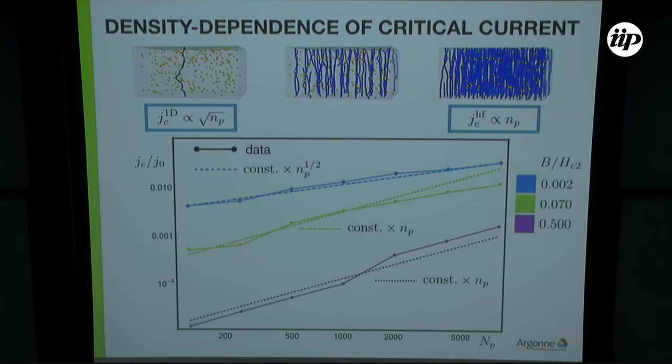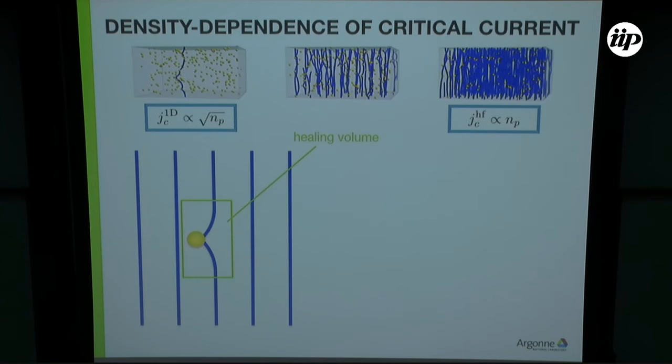And how we want to attack this problem to correct this behavior at high densities is that we have observed that in the 3D strong pinning description, one can associate a healing volume to a vortex which is deformed by a defect.